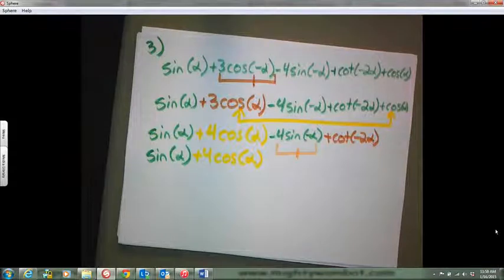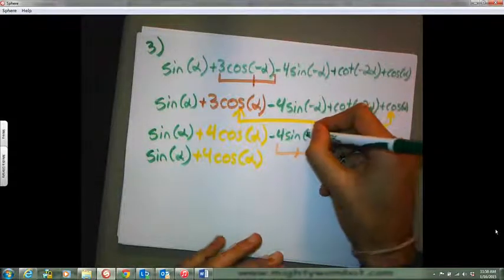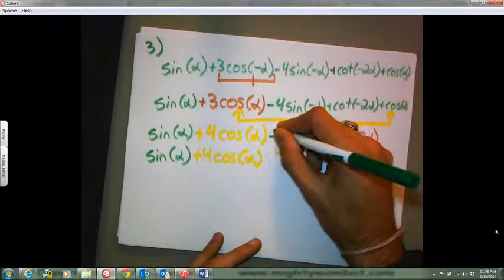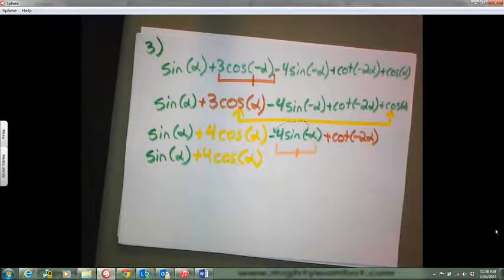Instead, we need to bring this negative out here. And the reason we do this is because sine of negative theta does not equal sine of theta. Sine of negative theta equals negative sine of regular theta. The negative comes outside. We showed that way back here.